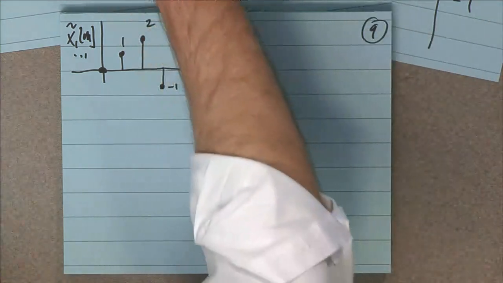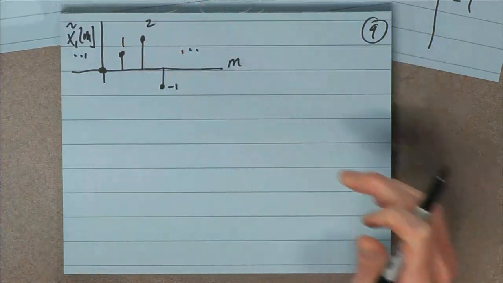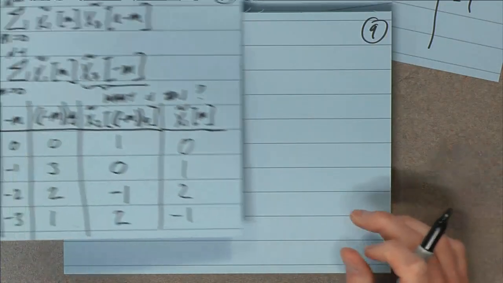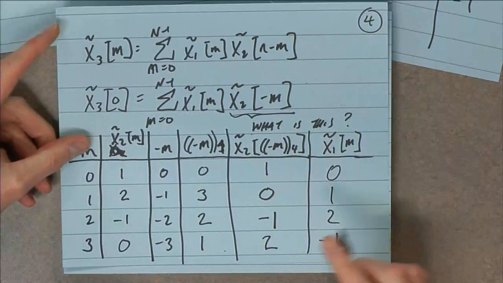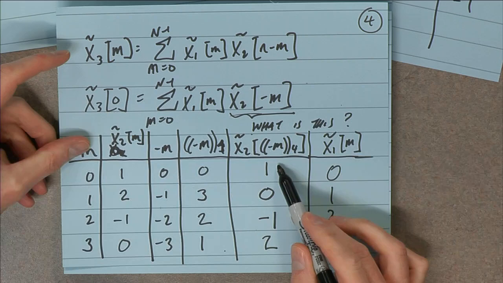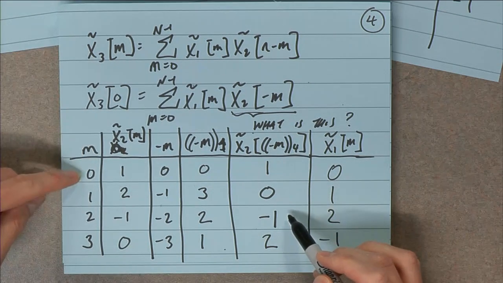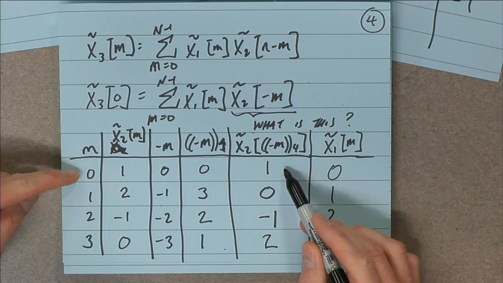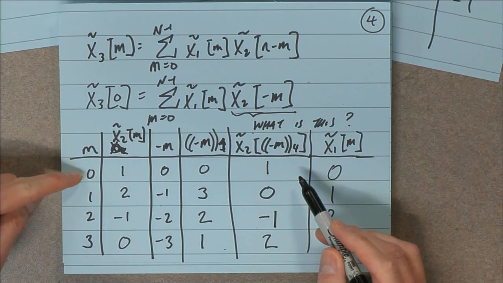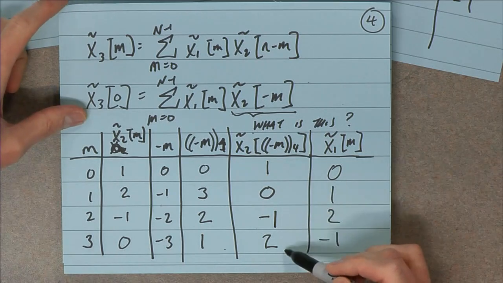Now, let's look at x2 of minus m. So I'm going to go back to this sheet here and look at x2 of minus m. And these are the values, right? And I'm just going to write those values where they belong, on every single one of these indexes, m, 0, 1, 2, 3. I've got 1, 0, minus 1, 2.